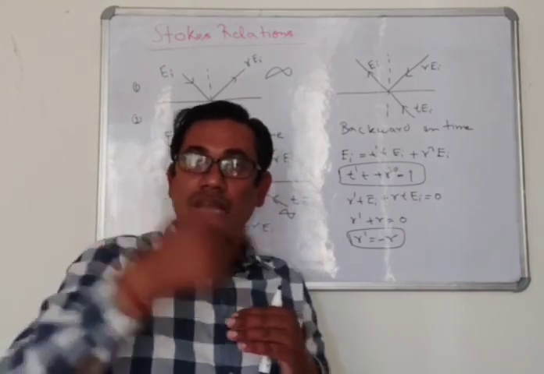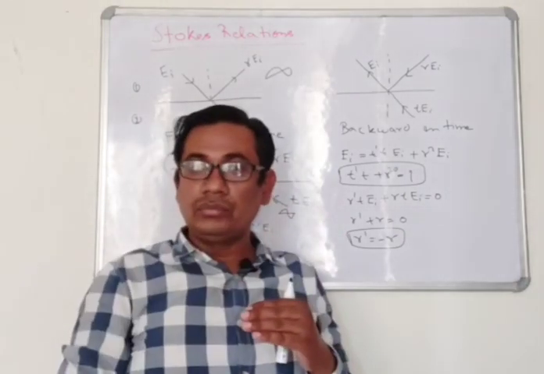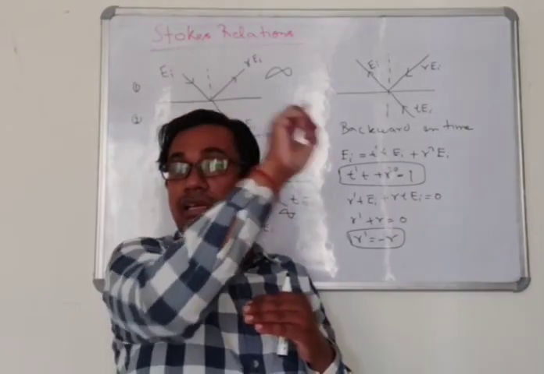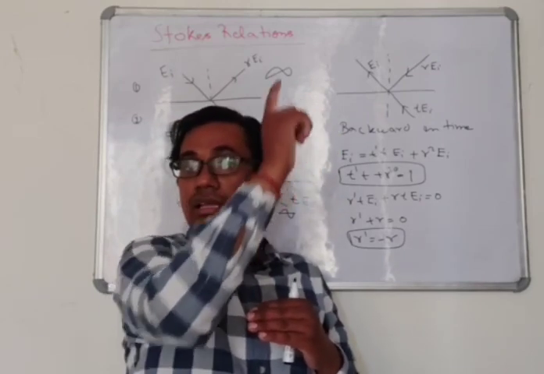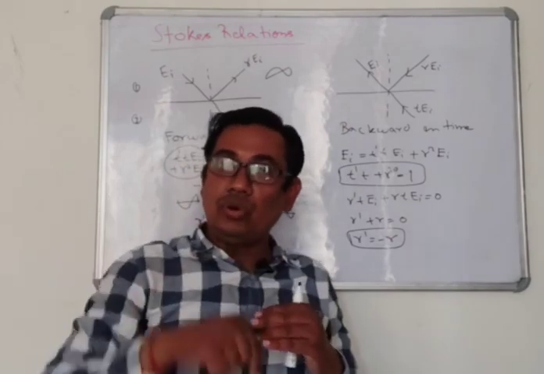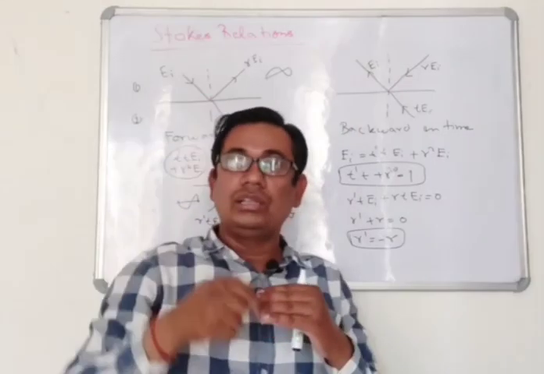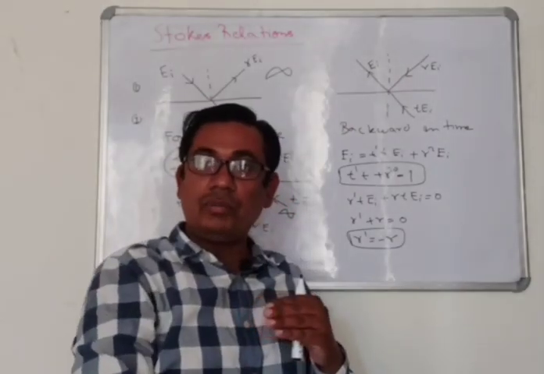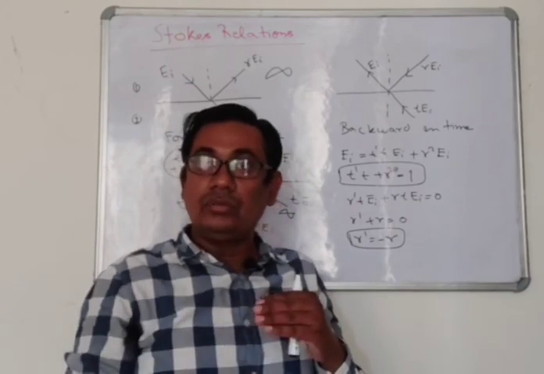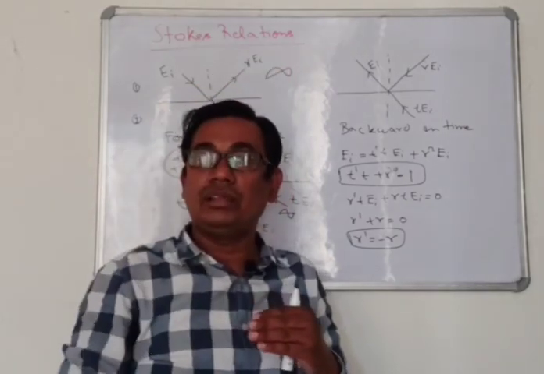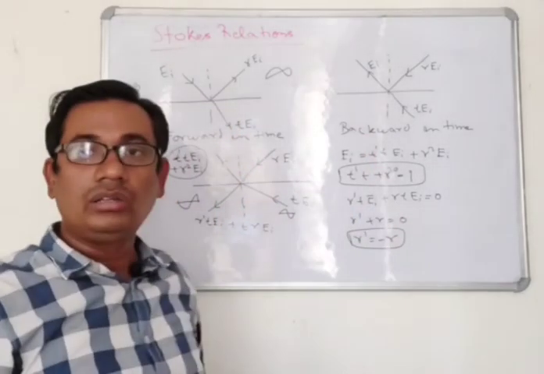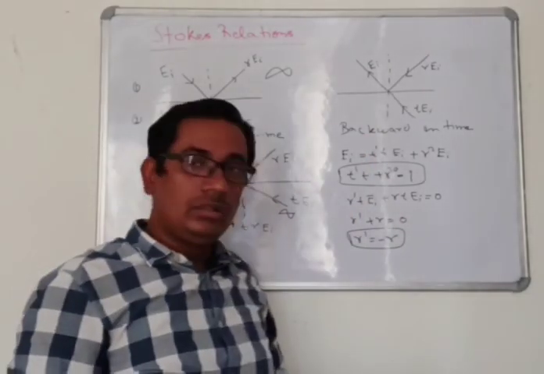But in the case of denser to rare medium, it will be according to Stokes relation the same phase, because one medium changes the phase and the other stays the same. This is the Stokes law relation.